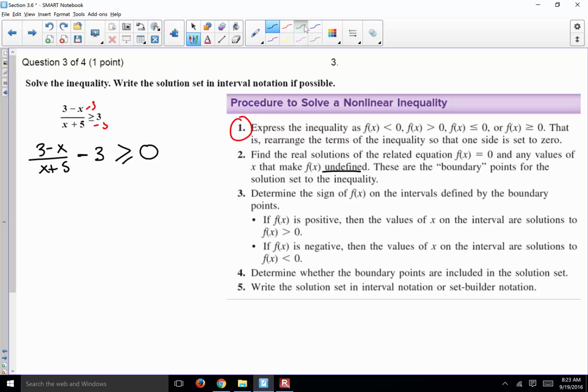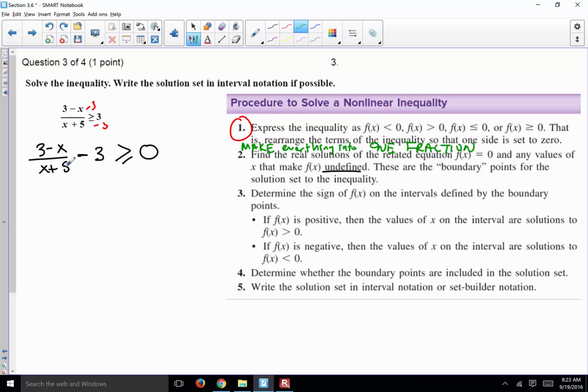Okay, there is a secret step here as well. You need to bring the left side into one fraction. Make everything into one fraction.